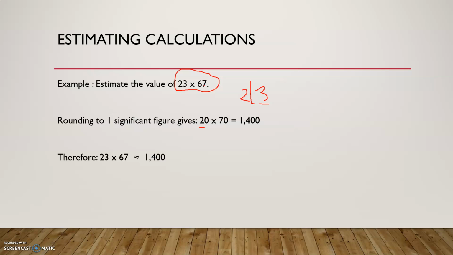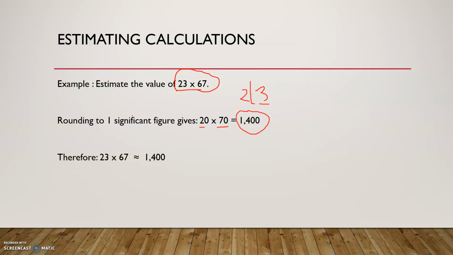This 7 is more than 5, hence we need to round up this 6 to 7. So we get 70. Now if we multiply 20 times 70, that would be 1400. Just multiply 2 times 7, which is 14, and then for 0 times 0, we just put 2 zeros. So this is the value of 20 times 70, which is 1400.